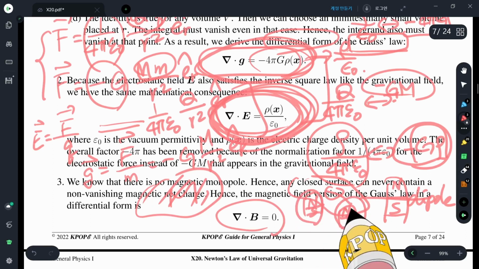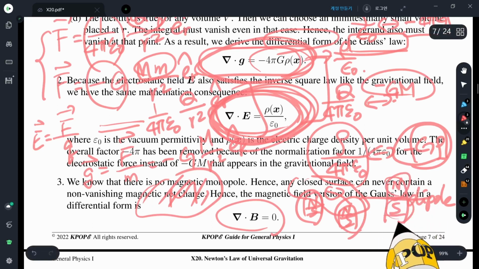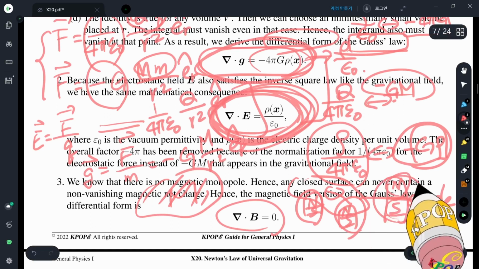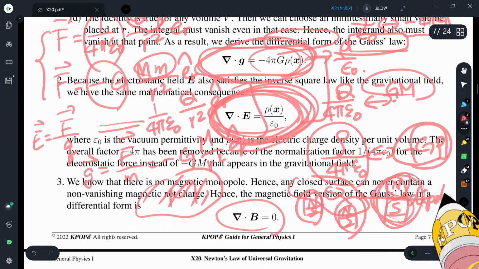So it is impossible to separate the north and south poles within a single magnet. And even though you break it down, every piece of magnet becomes a magnet again. So the total sum of north and south pole vanishes in any space.